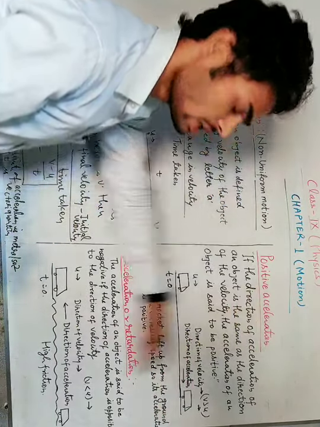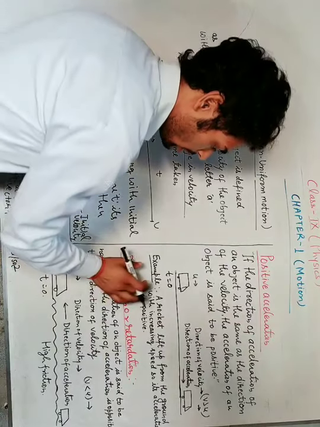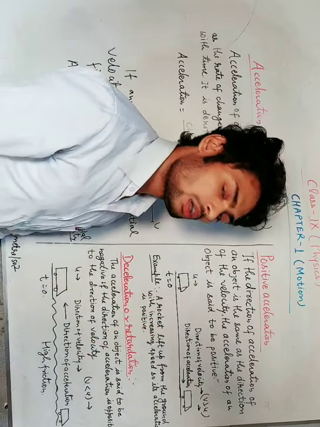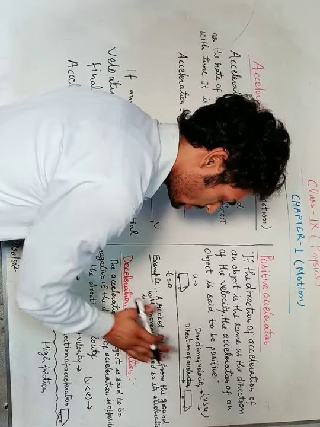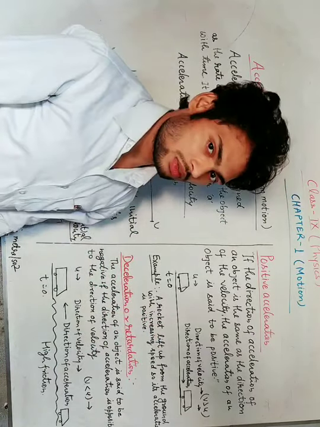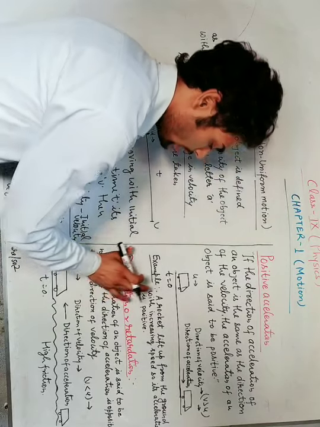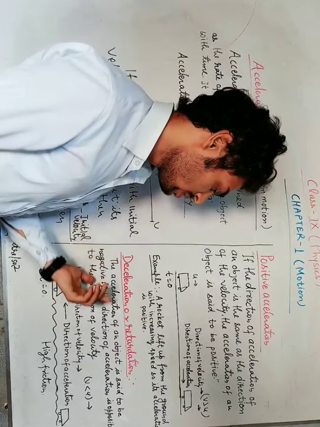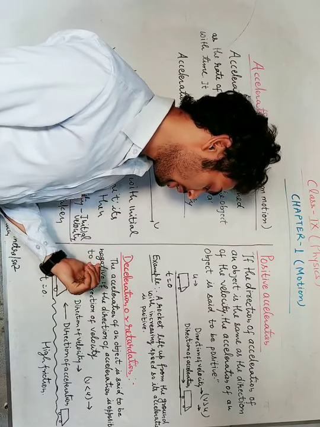So this is positive acceleration. An example of positive acceleration is when a rocket lifts up from the ground with increasing speed, so its acceleration is positive acceleration.